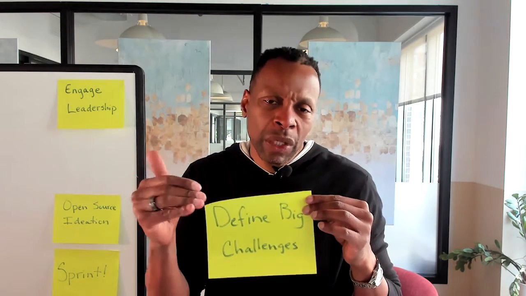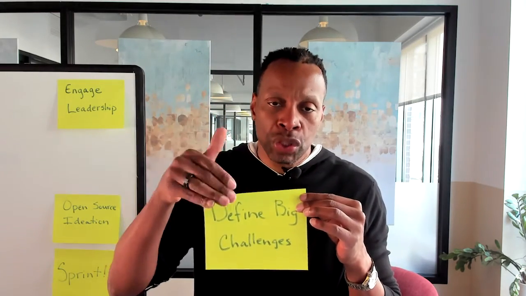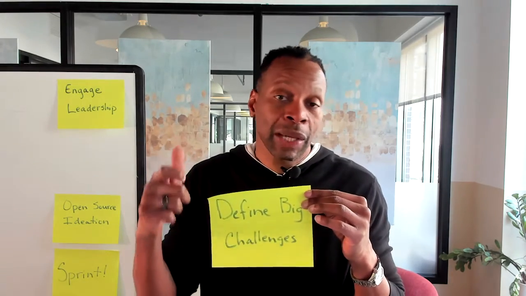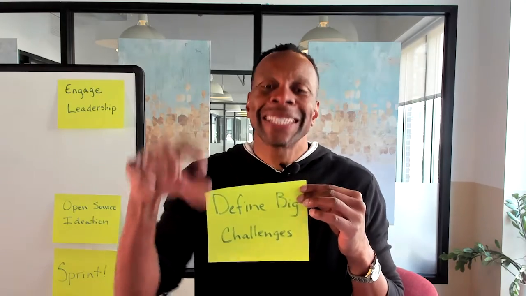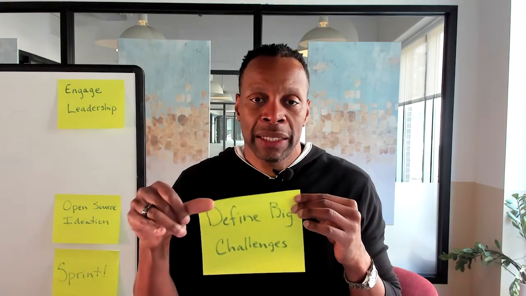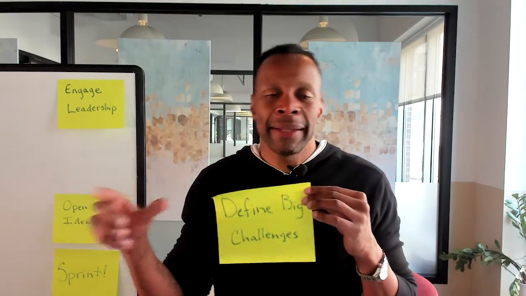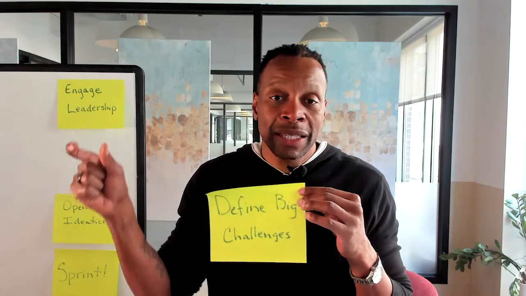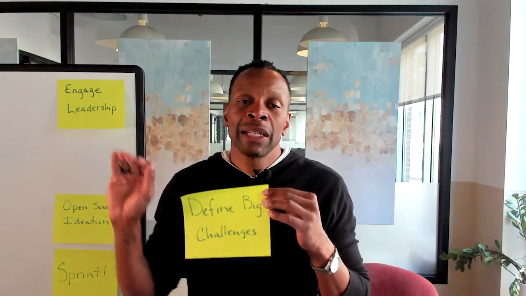So what you want to do is put the customer or the user that's impacted by the problem, or that will benefit from solving the problem, in the center of the how might we, okay? And then you want to make sure it's not so broad that you cannot solve any challenges, and narrow enough that you're able to come up with some ideas to move forward.